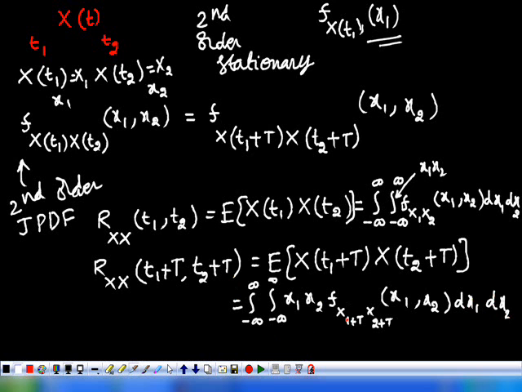Don't get confused. Instead of writing, actually it is the subscript. Actually, we have to write it as x of T1 plus T, T2 plus T. Instead of writing T1 plus T, I am simply writing 1 plus T and 2 plus T. Otherwise, you can write x of T1 plus T, x of T2 plus T, if you are confused. Follow?